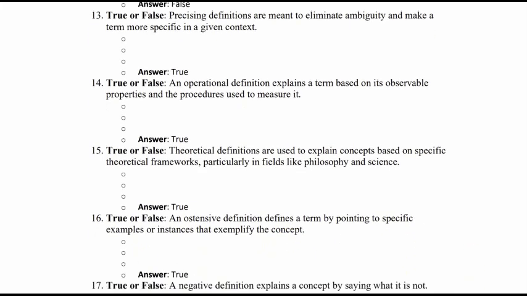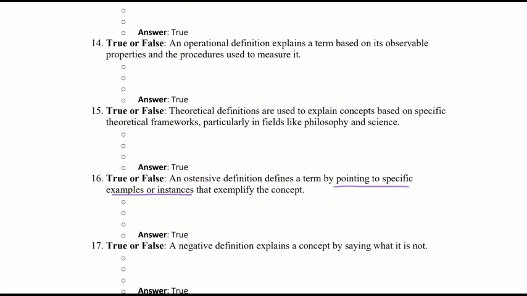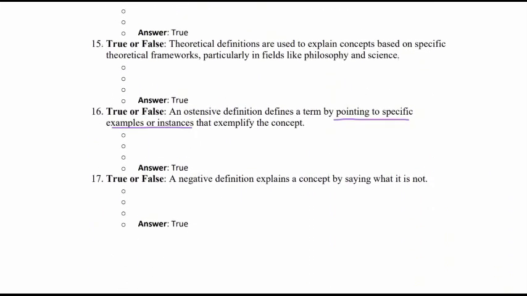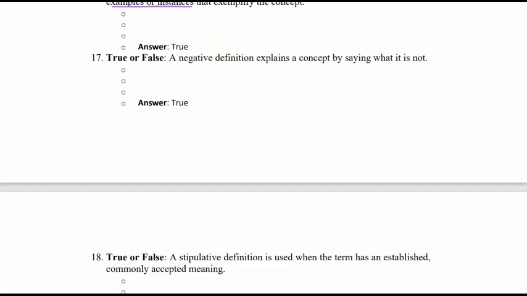Let's check the answer. True. So whenever the definition is by pointing to a specific example or instance, that is ostensive. A negative definition explains a concept by saying what it is not. True. A stipulative definition is used when the term has an established, commonly accepted meaning.